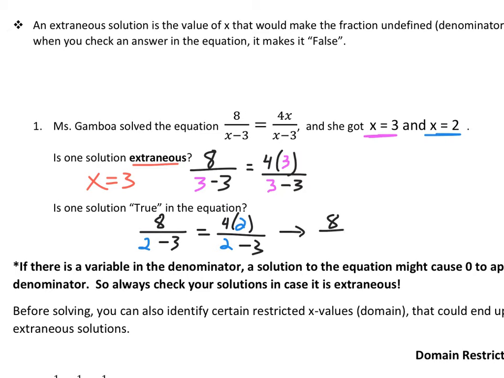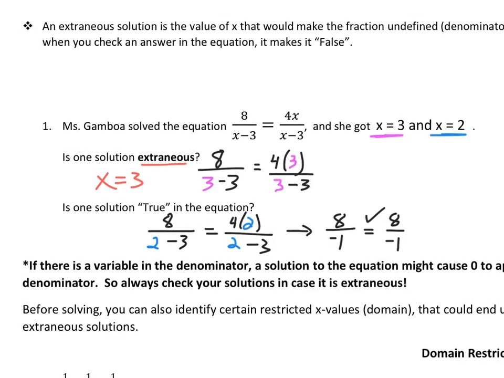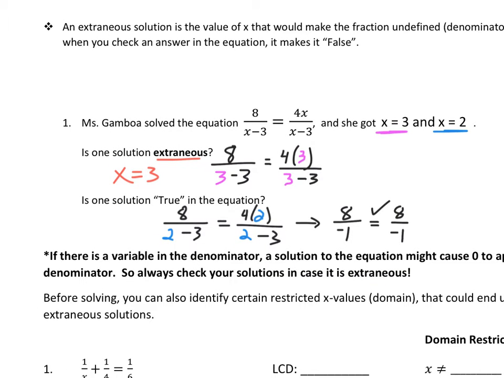So it's 8 over, and then 2 minus 3 is negative 1. And then on the other side, 4 times 2 is 8, and the denominator 2 minus 3 is negative 1. So you get 8 over negative 1 equal to 8 over negative 1, which is obviously the same thing. So that means that we have a true equation, equal on both sides. And so x equals 2 is a good solution. It makes the equation actually equal.